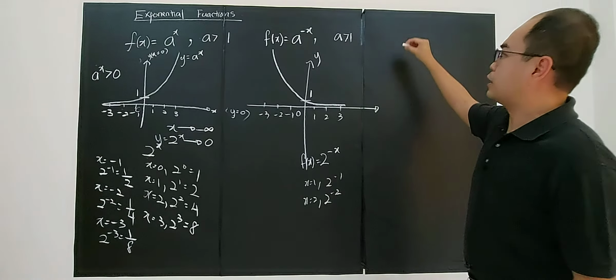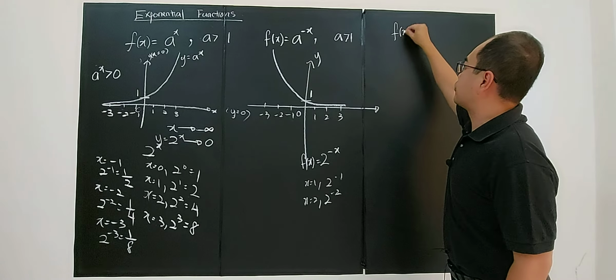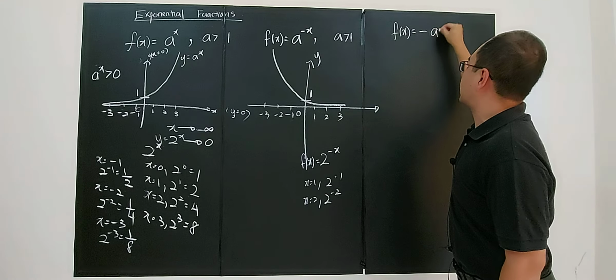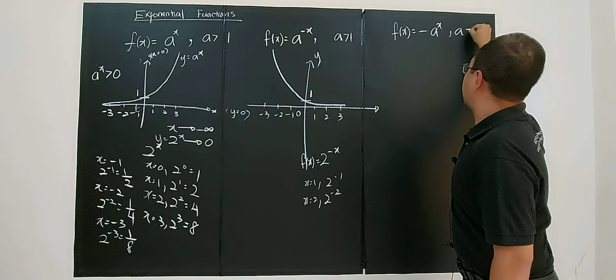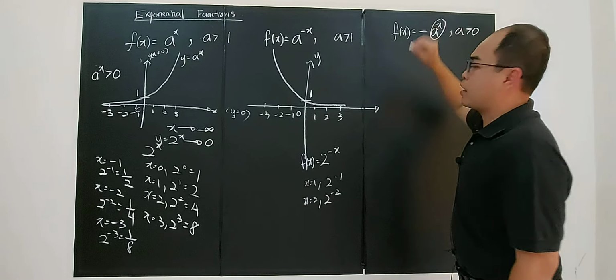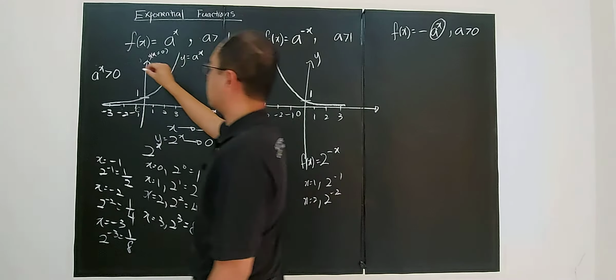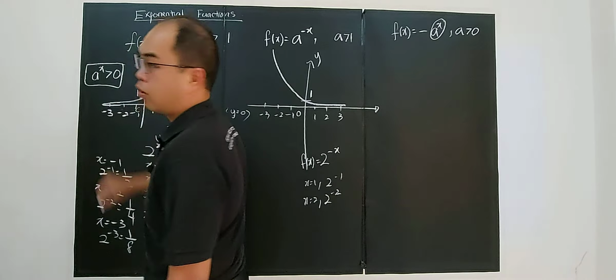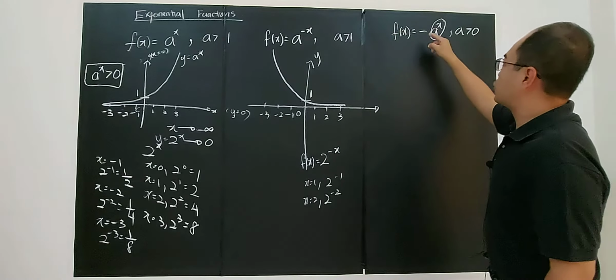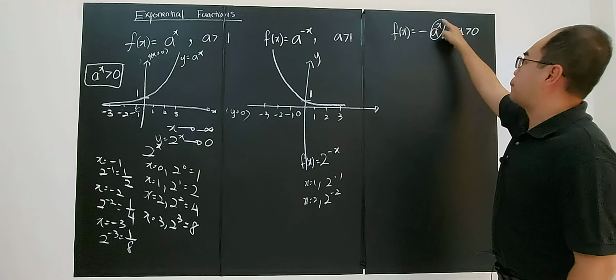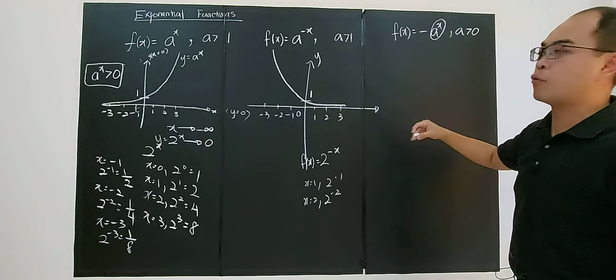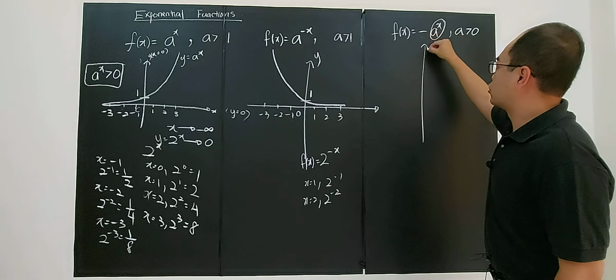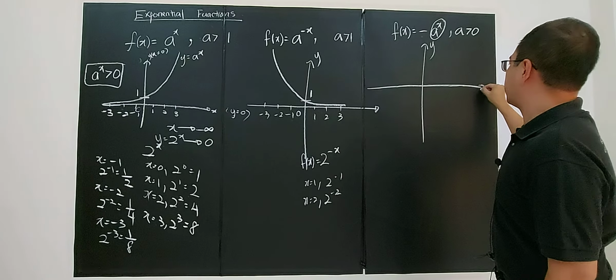Right? So another property here is, what happens if I put a negative in front of a power of x? A power of x is supposed to be always positive, right? So once you put a negative on a number that is always positive, it turns to be always negative, right? So then you look at the graph. What happened to the graph?